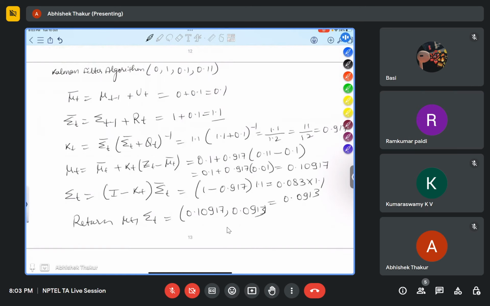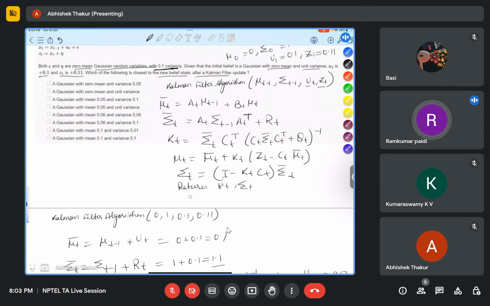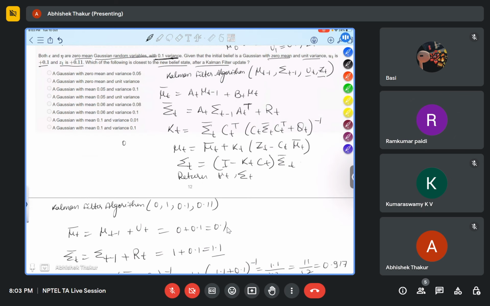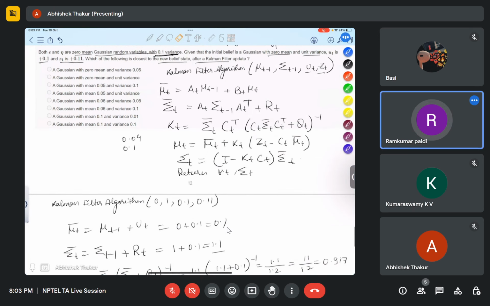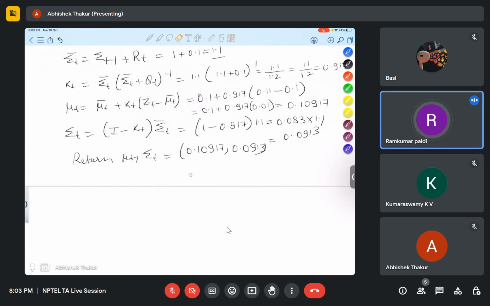No, the correct option will be mean is 0.1 and the variance is 0.09. Yeah, they have taken 0.09 as maybe 0.1. But the exact answer when you calculate, you will get 0.0913.